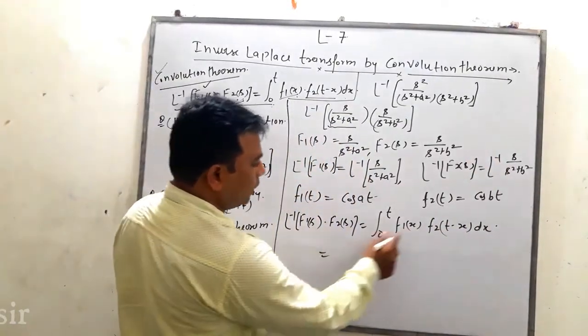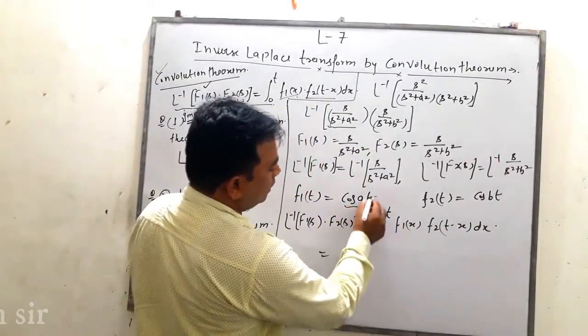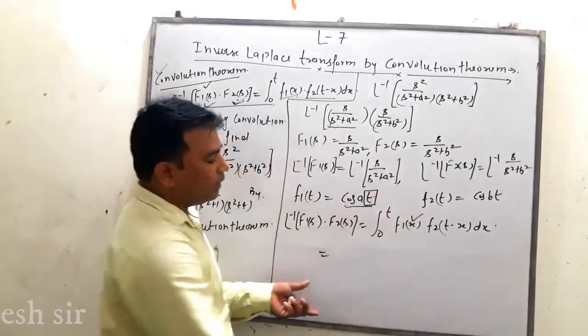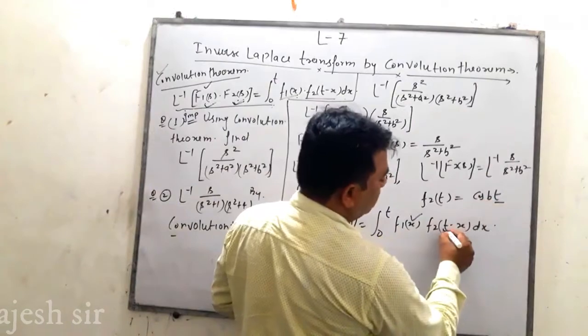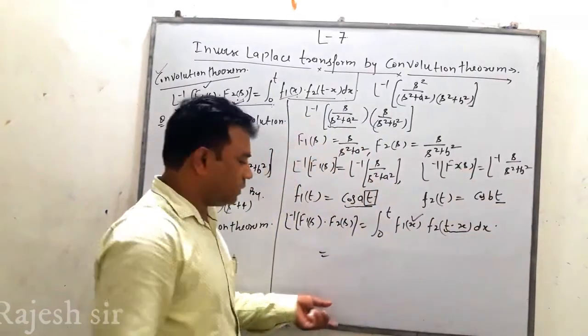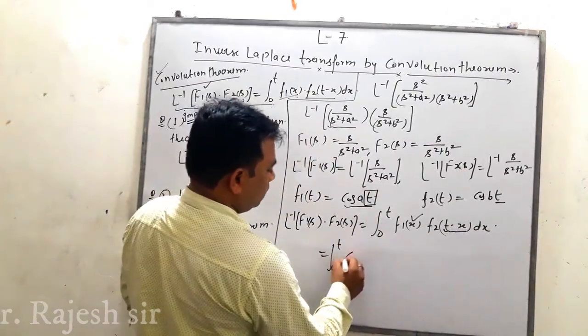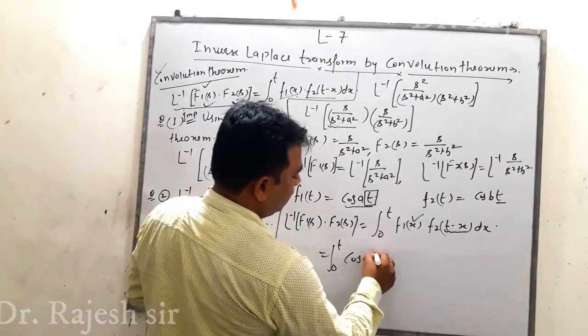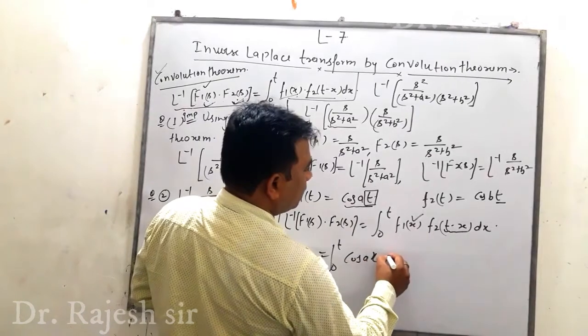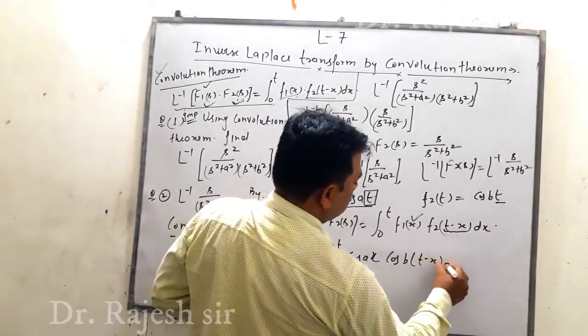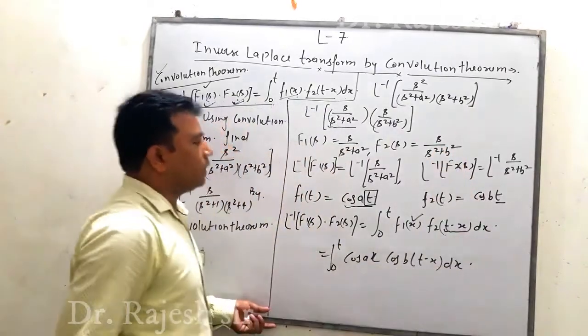We change the first function so that t is replaced by x, and in the second function t is replaced by t minus x. So the integral from 0 to t of cos ax and cos b(t minus x) dx.